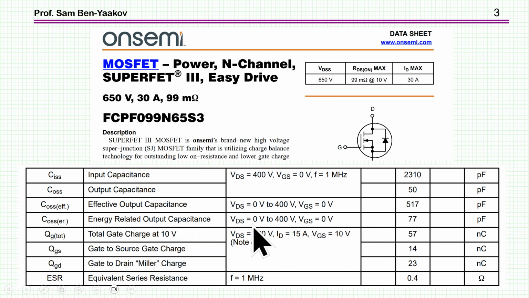This is charging the output from 0 to 400. It will store energy, and you can calculate the energy by C V squared over 2, but the C you have to use is this 77 picofarad. So this is now available in most data sheets.